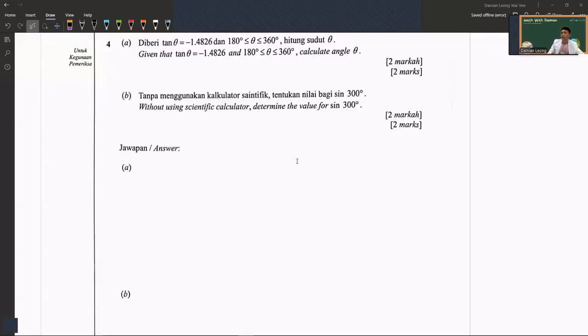Now question 4. Given tangent theta is negative 1.4826, and theta is more or equal to 180 and less or equal to 360, calculate the value of the angle theta. So if I sketch the quadrants, ASTC, 180 to 360 means we ignore the first 2 quadrants.